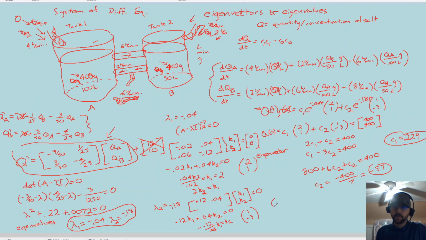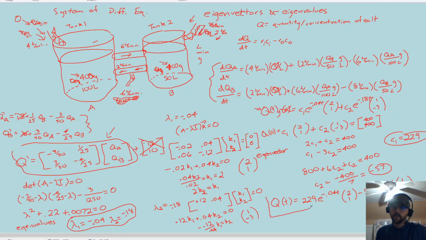So in matrix form, Q of T equals C1, which is 229 e to the negative 0.04t times the vector 2, 1, and then plus C2, but C2 is negative, so minus 57 e to the negative 0.18t times the vector 1, negative 3. And that is the final solution.